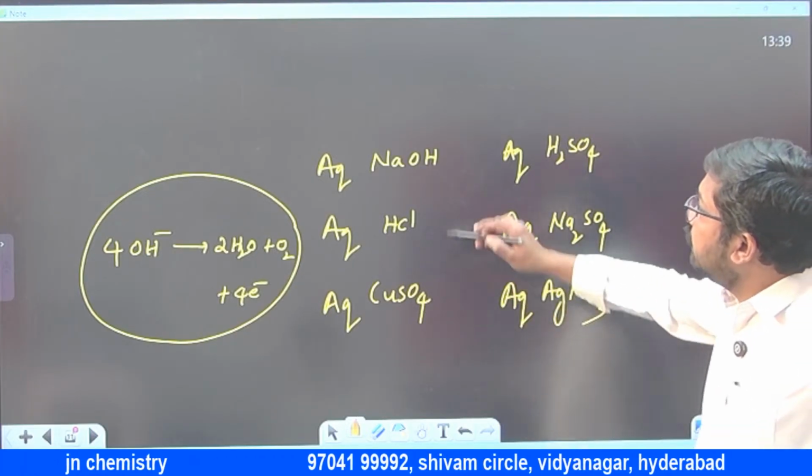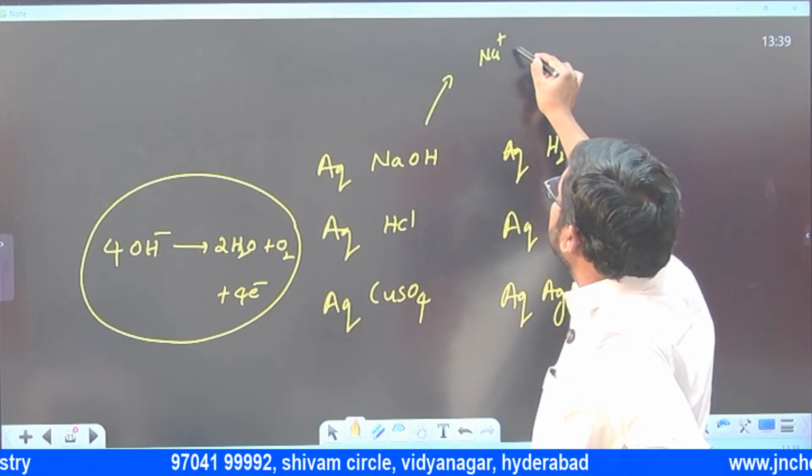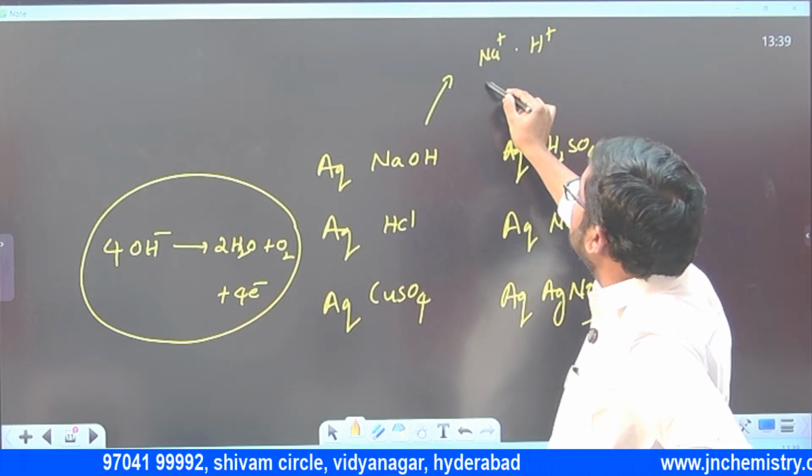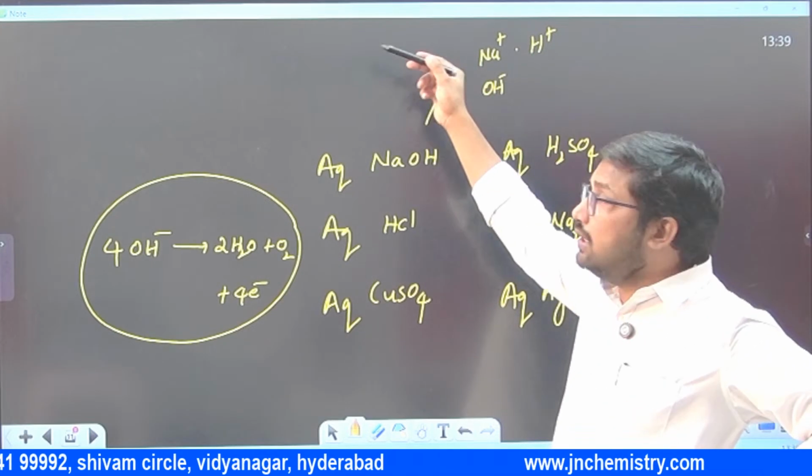For example, aqueous NaOH. Na plus, H plus and OH minus are all there. Between Na plus and H plus, H plus is discharged.